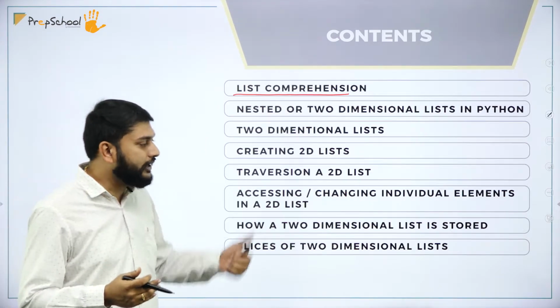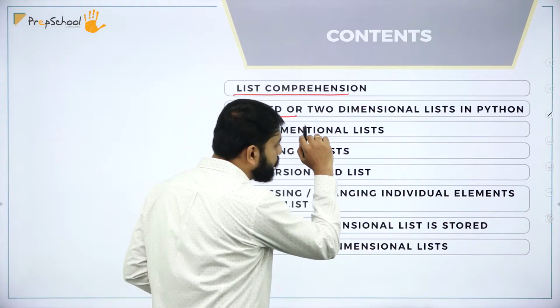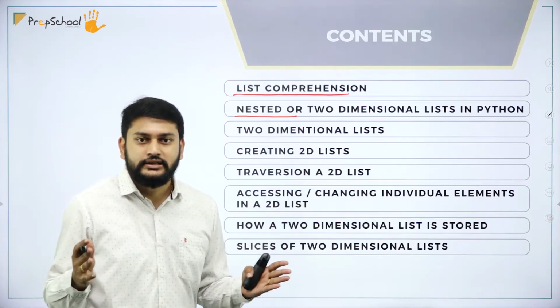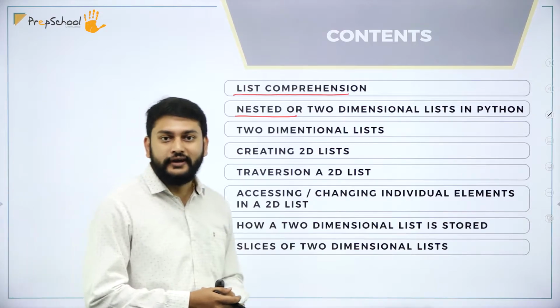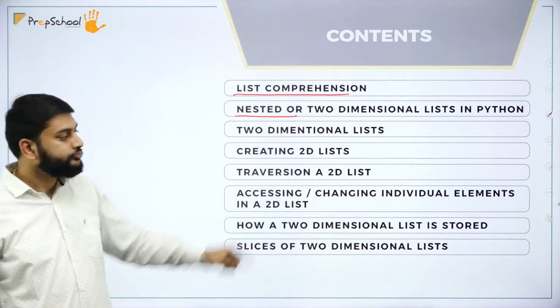Then we have something called a nested or two-dimensional list in Python, which looks exactly like a matrix. How do you pronounce it, matrix or matrix? It's up to you. I will be discussing that in detail in this session.